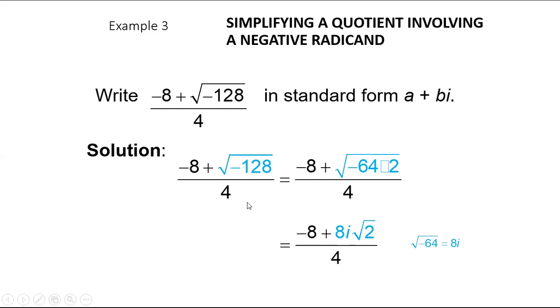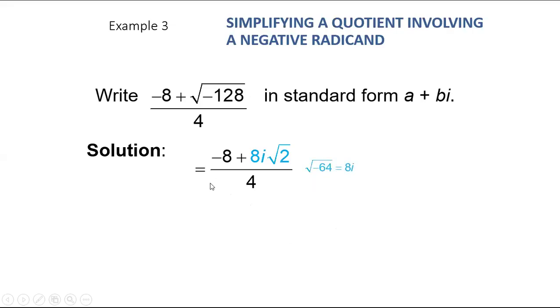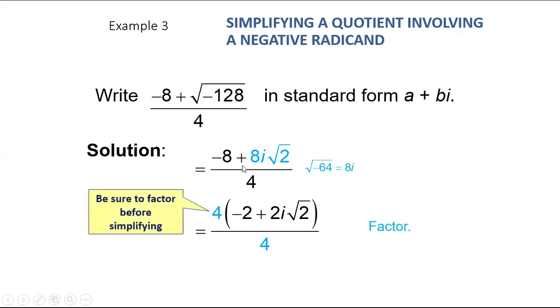So coming towards the next step of this sequence, the square root of minus 64 would be represented as iota of the 8, and we take common 4 from numerator, and numerator of 4 and denominator of 4 would cancel with each other, and we get the value of 4 and minus 2 plus 2 iota into square root of 2. So this factor would be represented in this form, and the lowest term of answer of this complex term, minus 2 plus 2 iota into square root of 2, would look like this.